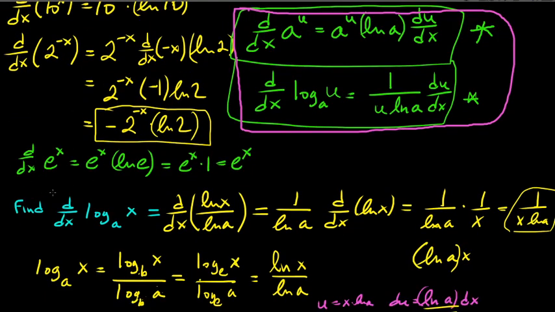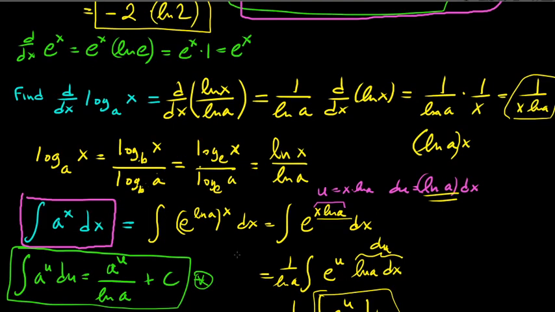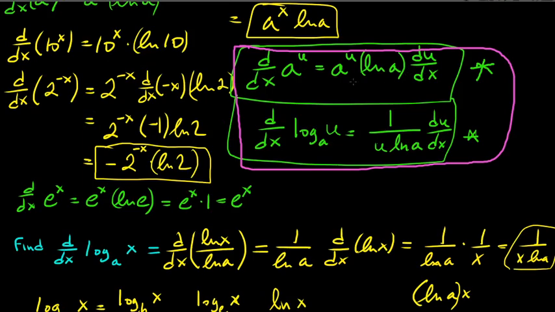And then we got the integral of a to the x, which is a to the x divided by log a. So don't get confused. You don't multiply by log a here. That's when you're taking the derivative.